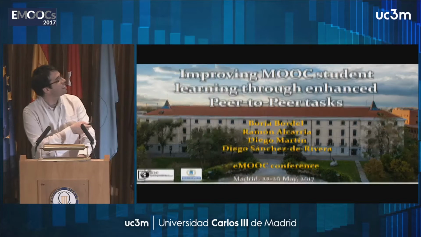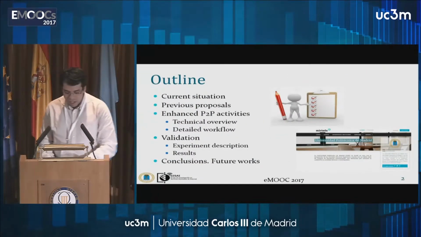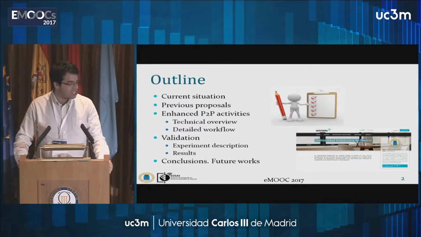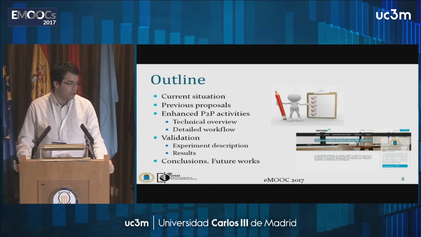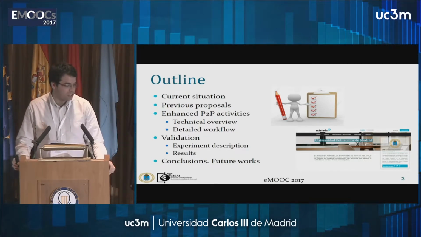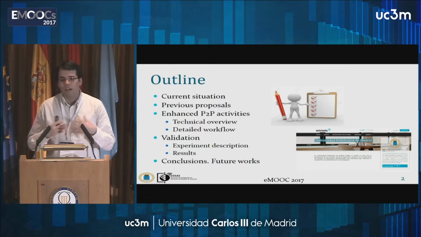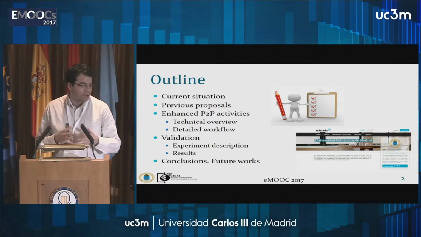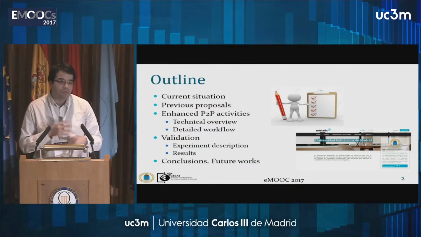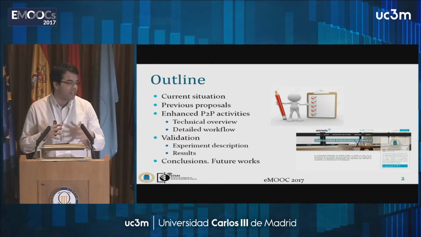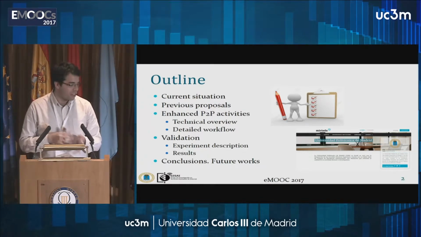The outline I'm following for this presentation starts with an explanation about the current situation in MOOC platforms, specifically in peer-to-peer tasks. Later, we are reviewing some previous proposals on improving the learning level of students in social and peer learning.